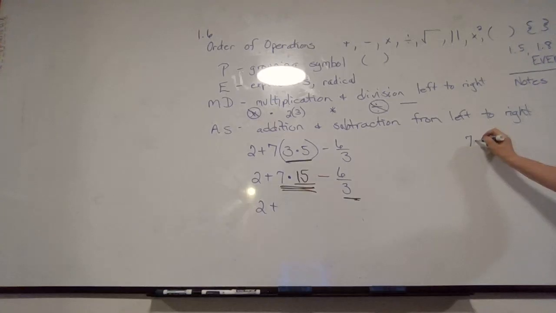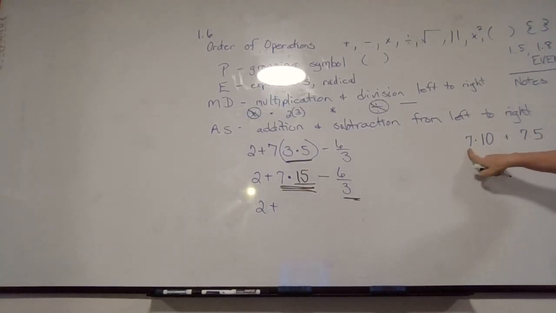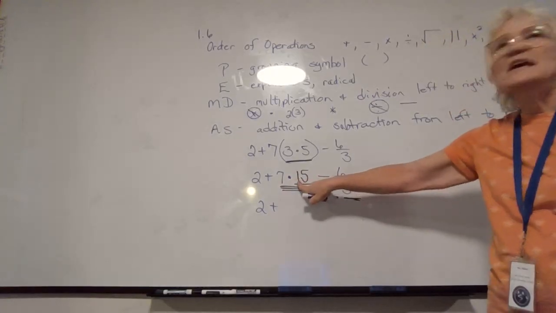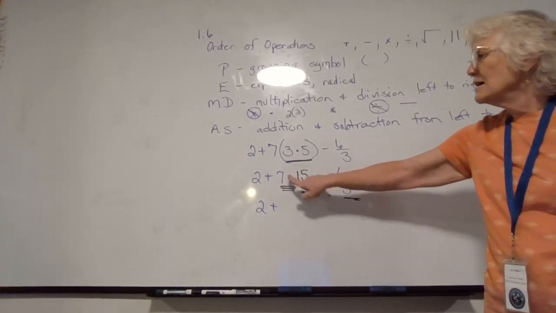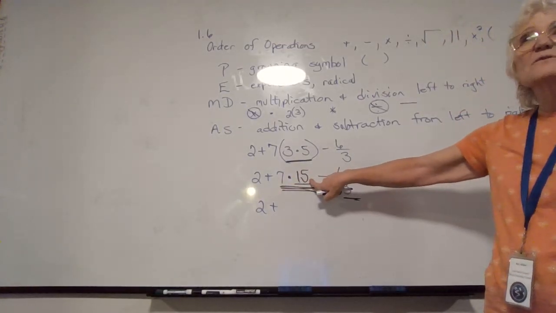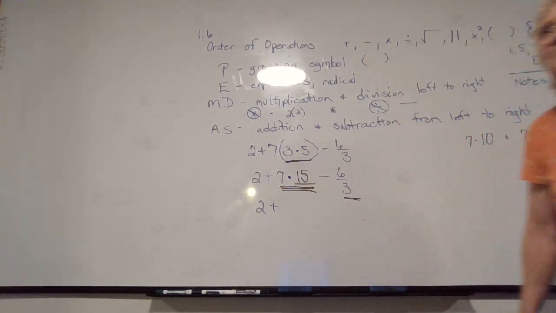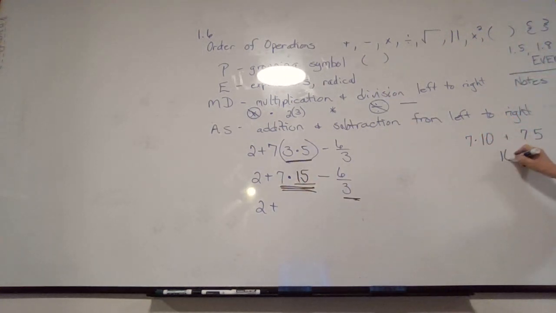If I take 7 times 10 plus 7 times 5, because 15 is really 10 and 5. Do you agree with that? So I could take 7 times the 10 because that's in the 10 spot, and 7 times 5 because that's in the 1 spot. What does that give me? 105.